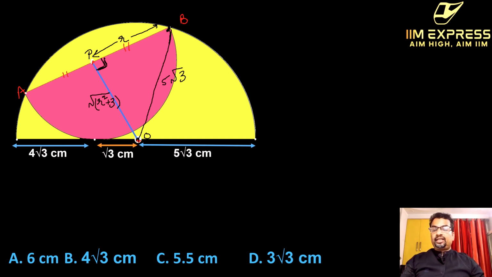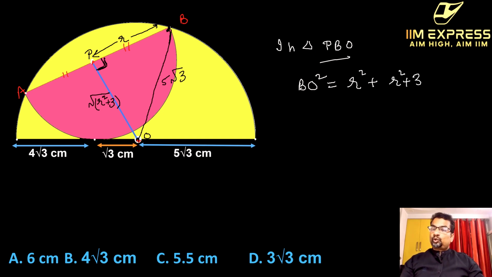Now we can use Pythagoras theorem in the triangle PBO, which says hypotenuse BO square equal to the sum of square of other two sides, which is R square plus R square plus 3. Square of square root of R square plus 3 will be R square plus 3 only. And what is BO square?